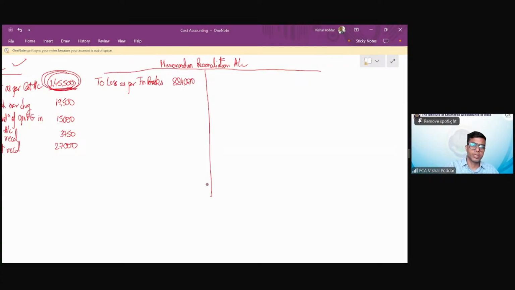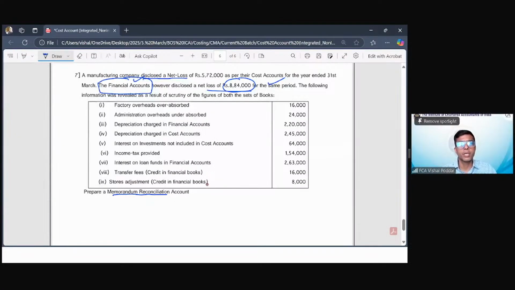Now, let us go to each of the differences. They say factory overheads over-absorbed. First, understand the transaction. Over-absorbed means that the expenditure is more in the cost sheet. That is clear. Now, coming to the losses. Remember these hands represent losses. So this is cost loss, this is financial loss. And now, as per this transaction, the amount of factory overheads, which is an expense, is more in my cost books.